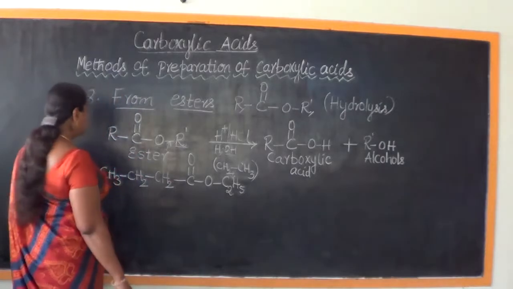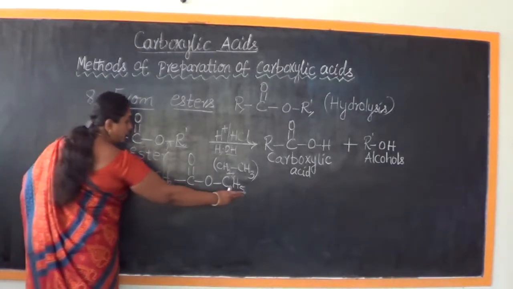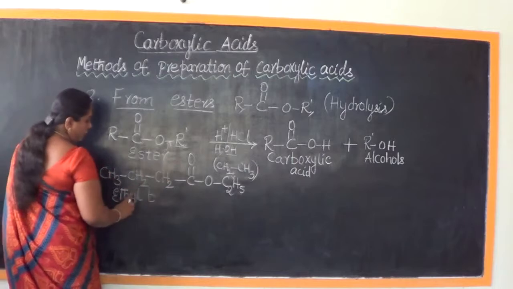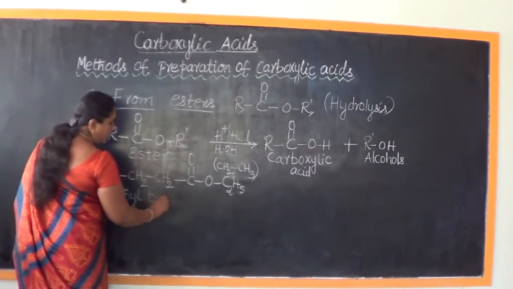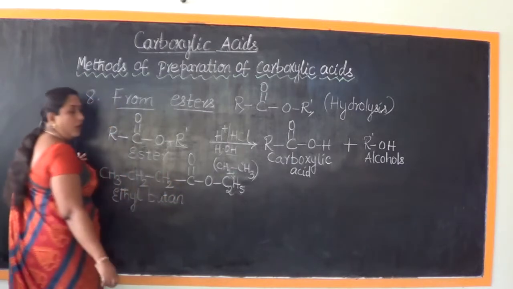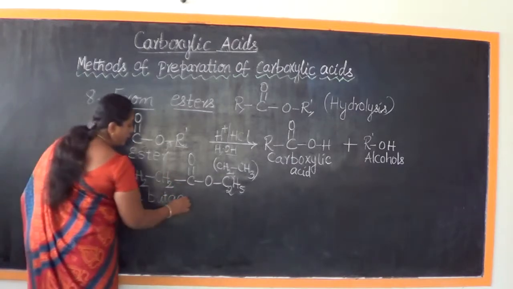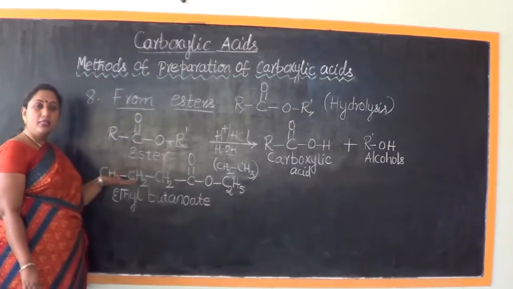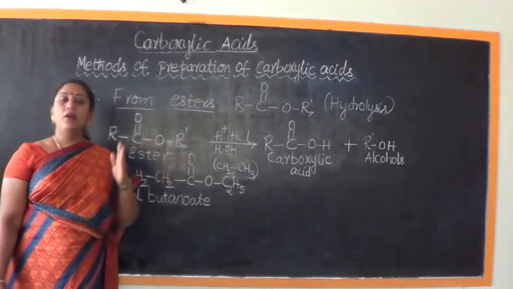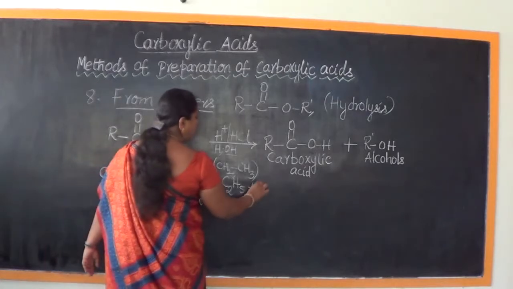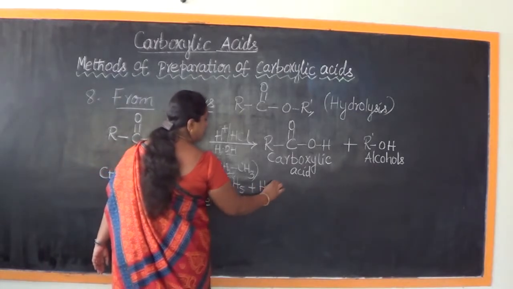So therefore, this is C2H5, so it is ethyl, and then the remaining 4 carbon atoms, so the root word is but, and they are all saturated. Butane, the E of butane is to be replaced by oate. So ethyl butanoate is the name of this compound. Ethyl butanoate. This is subjected to the process of acid hydrolysis.